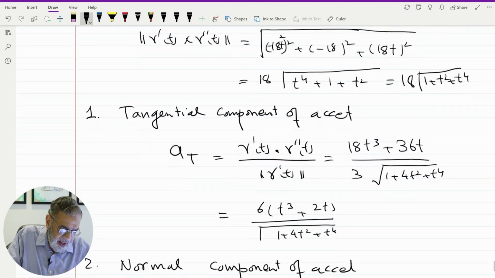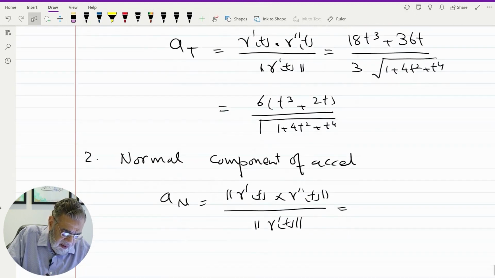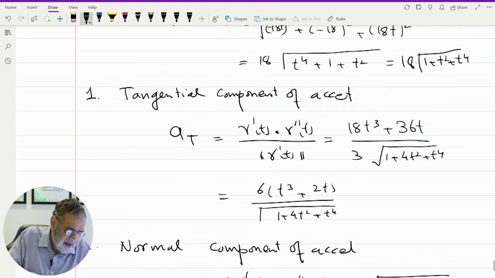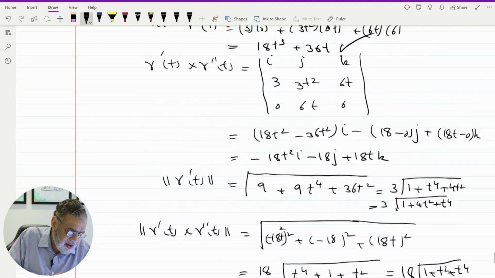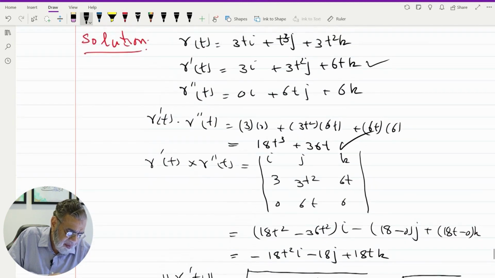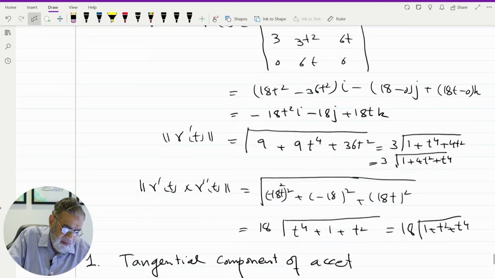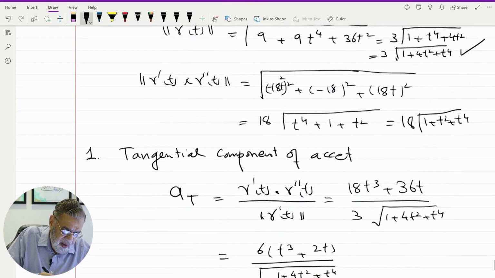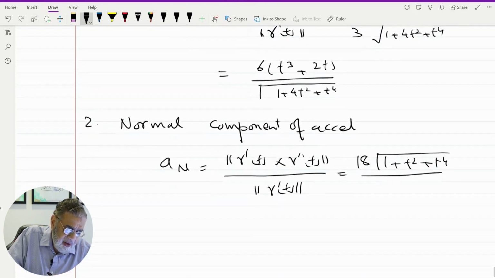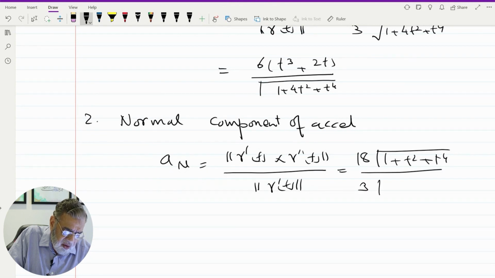We have 18 into root of 1 plus t square plus t to power 4, and for r dash we have just calculated the magnitude of r dash, 3 under the root of 1 plus 4t square plus t to power 4.